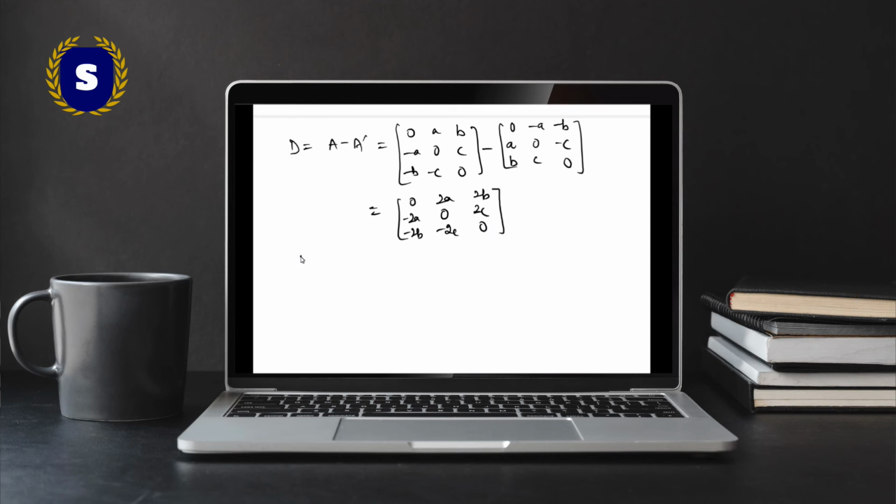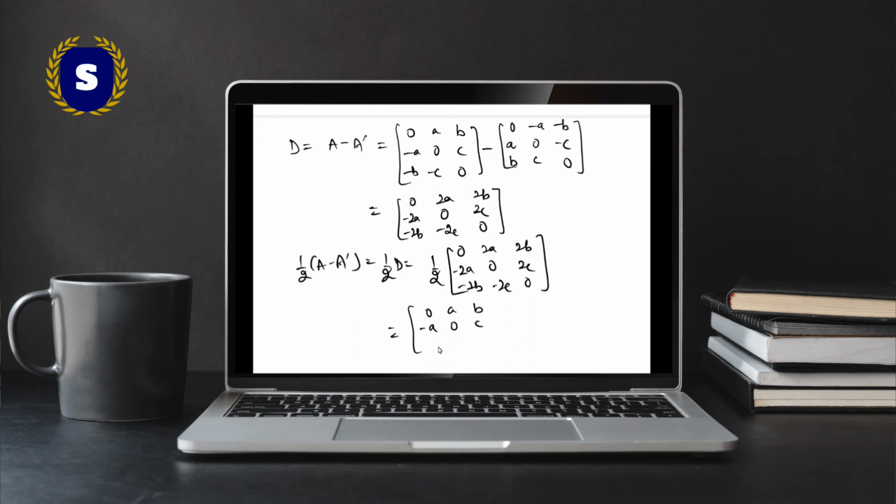Okay, calculating the half of this A minus A transpose, that is equal to half of matrix B. This would be half of 0 2A 2B, minus 2A 0 2C, minus 2B minus 2C 0. This comes out to be 0 A B, minus A 0 C, minus B minus C 0.